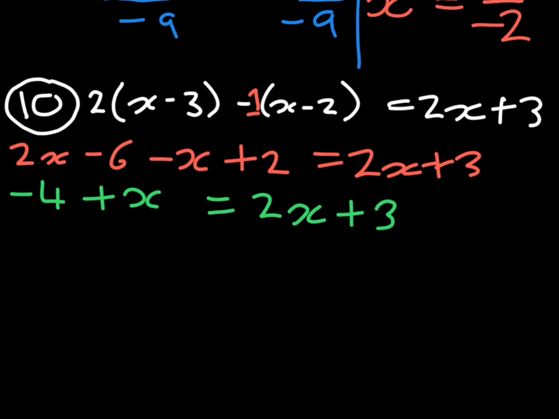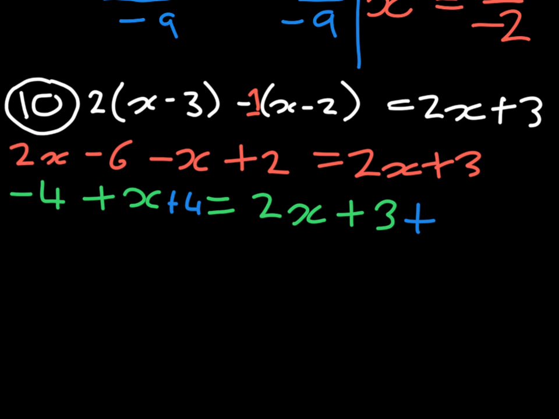Alright, now we need to move our constants over to the right-hand side. So this is a constant that needs to move over to the right-hand side. We are going to perform the opposite operation to minus. So we plus, and we plus 4. And whatever we do to the one side, we do to the other.